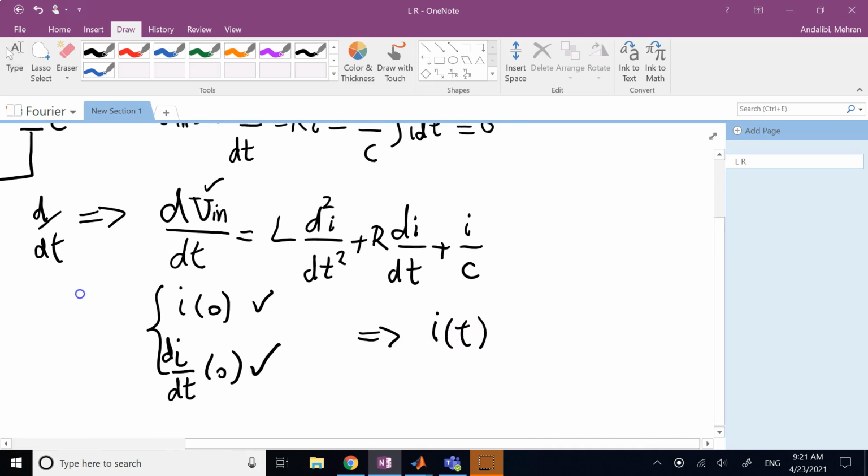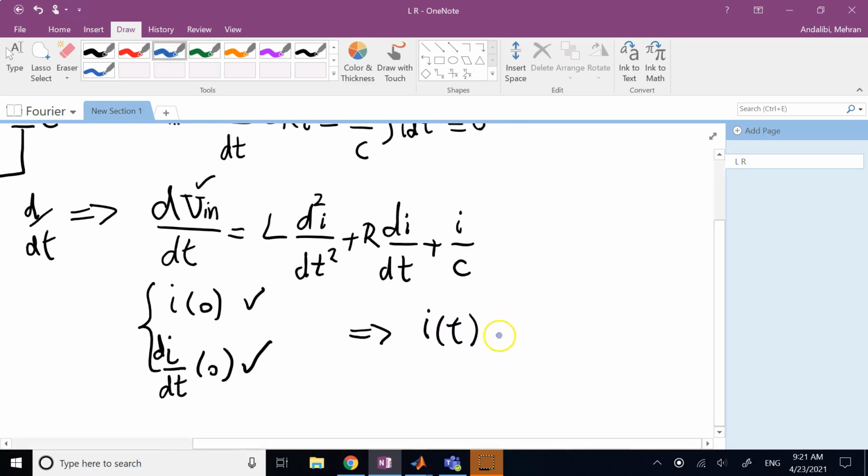So as you know from your differential equations, the solution here has two parts, a homogeneous part and a particular part. And your homogeneous part is, if you consider the left-hand side, which is only a function of time here, to be 0, that gives you the homogeneous solution. And then if you consider this term that is non-zero, then that will give you the particular solution, and you add them together.